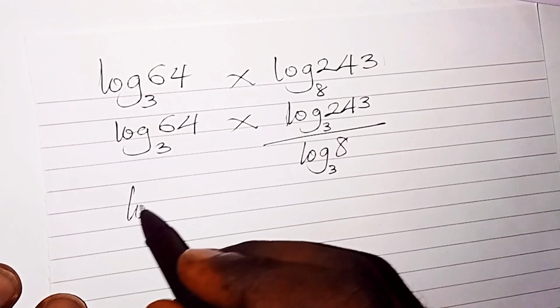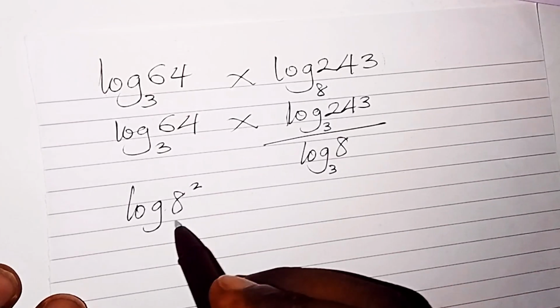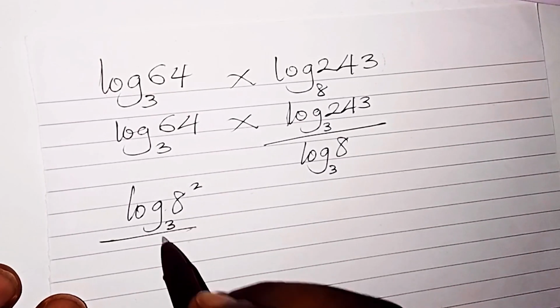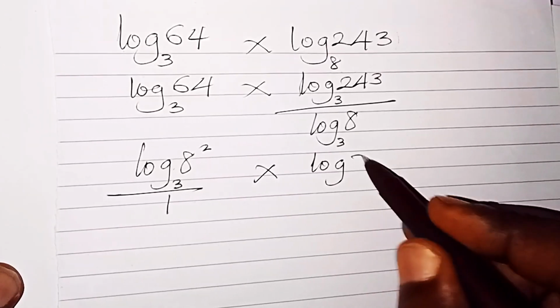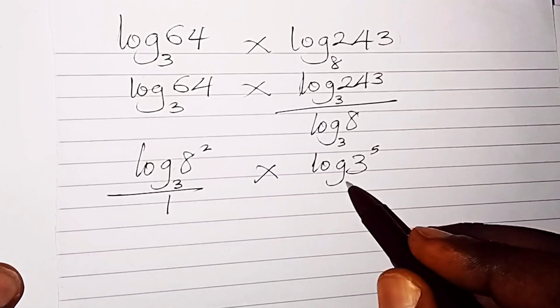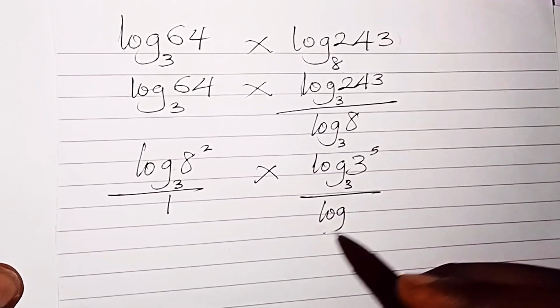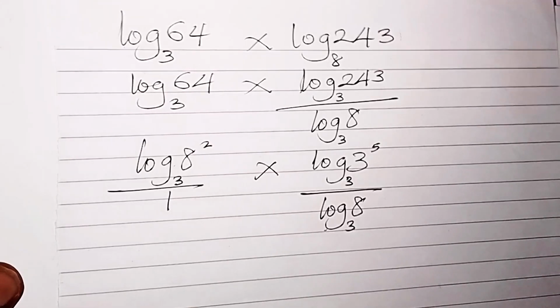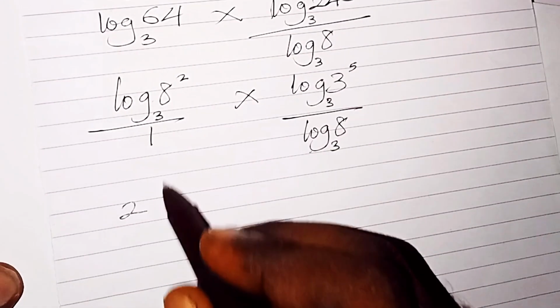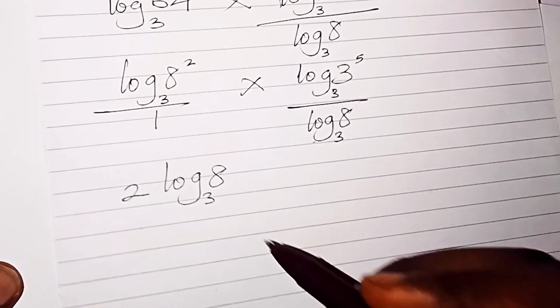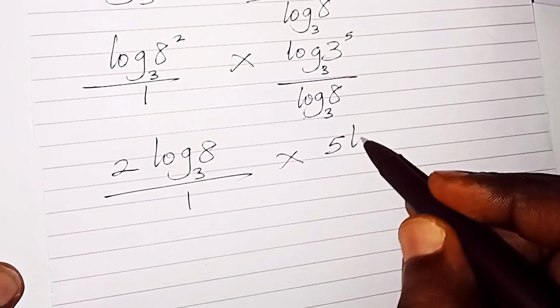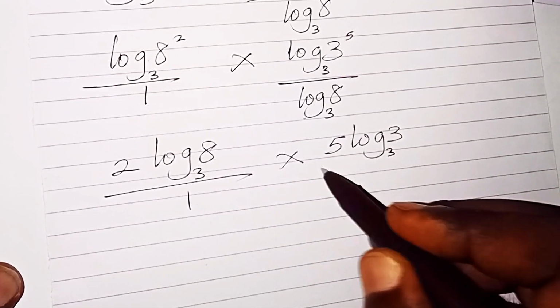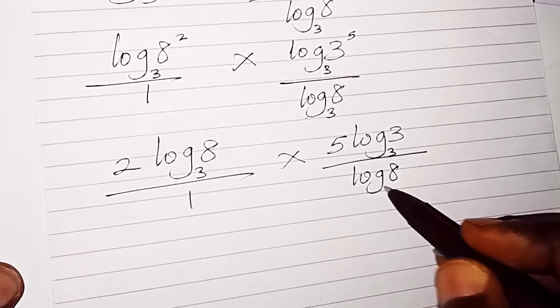And then this one can be written as log 8 squared, that's 64 base 3, probably over 1 multiplied by, and then 243 can be written as log 3 raised to the power of 5 is 243 base 3 divided by log 8 base 3. And in this case we can write this one as 2 log 8 base 3 definitely over 1 multiplied by this one can be written as 5 log 3 base 3 divided by log 8 base 3.